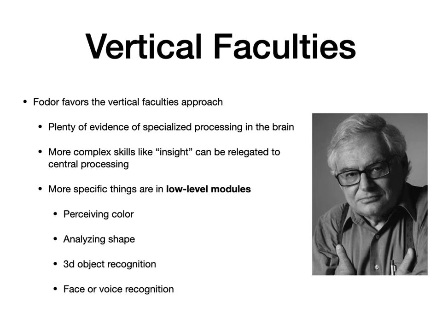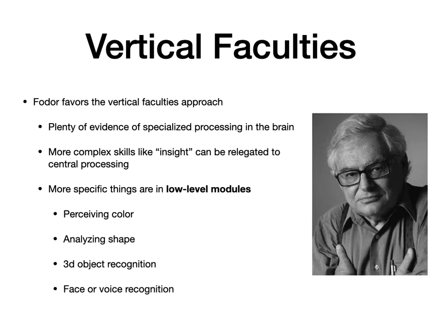And there might be more complex skills like insight, but we can leave that in the fairly unspecified realm of the central processor. More specific is that the things we need to do are in these bundled up, tighter, lower level modules that do hyper specific things like perceive color or analyze shape or recognize a 3D object, or recognize voice or face, right?